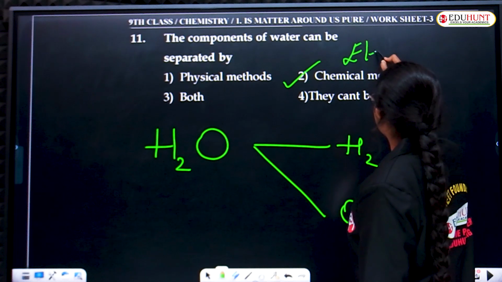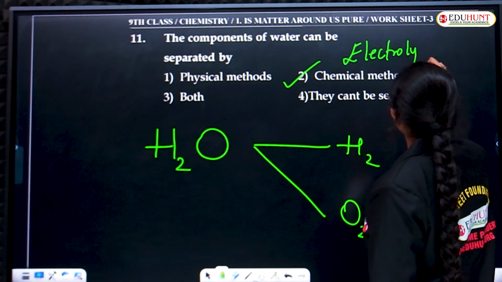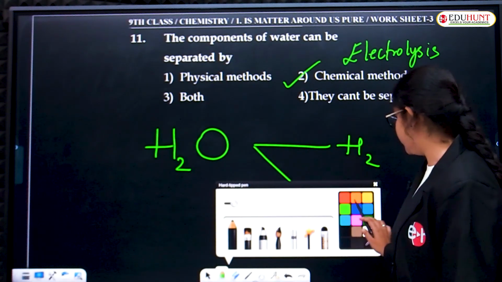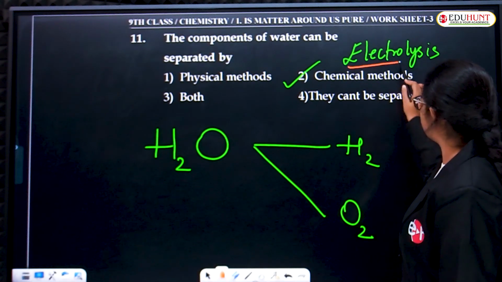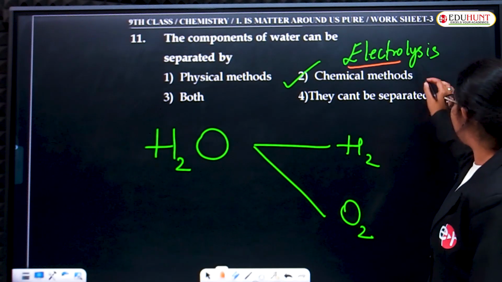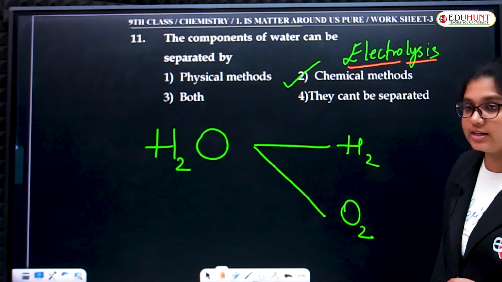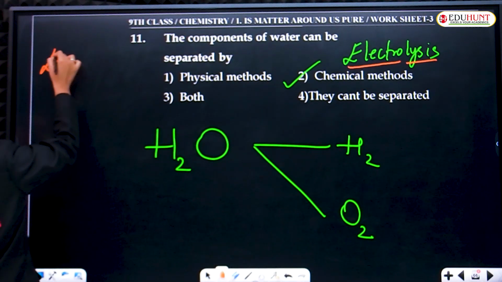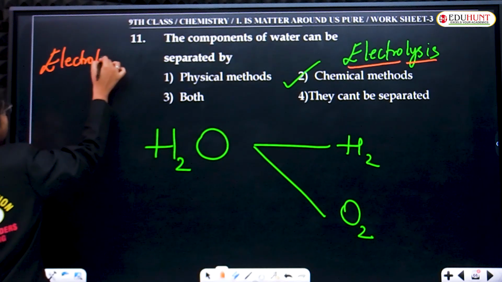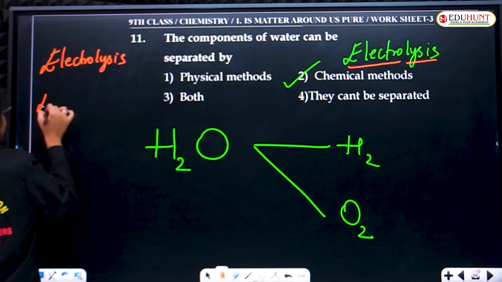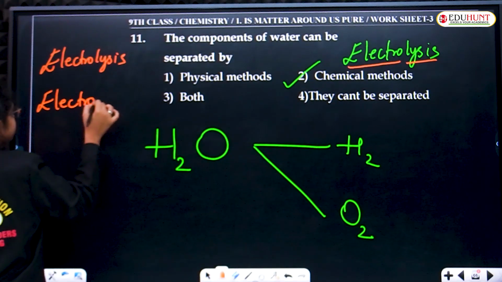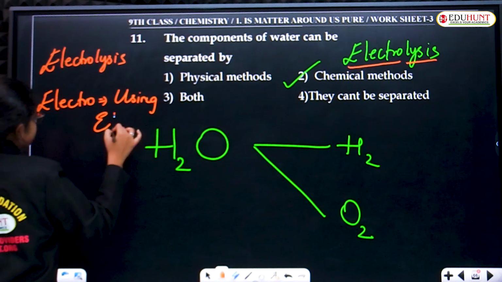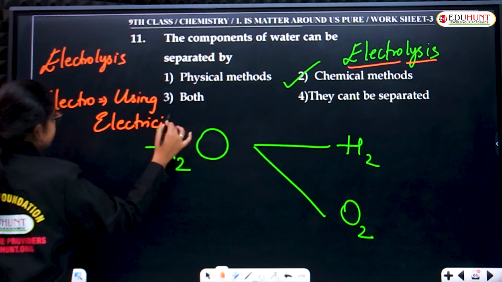What is this? Electrolysis. Okay. Electro means by using electricity, and lysis means breakdown. Lysis means breakdown. I'll write here for you. In the word electrolysis, electro means using electricity, with the involvement of electricity, the current we say, no?